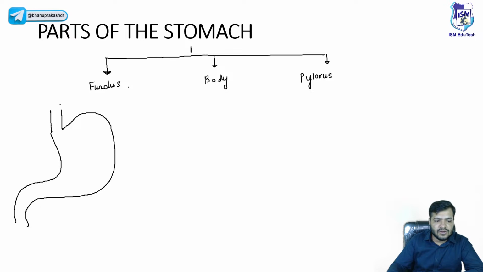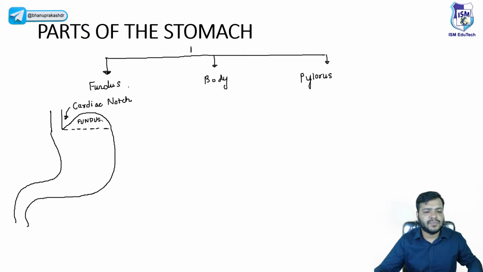This is the lower end of the esophagus, so this is the cardiac notch. From the cardiac notch, if I draw an imaginary horizontal line towards the greater curvature, this part represents the fundus.